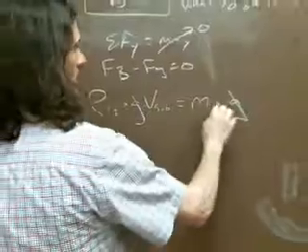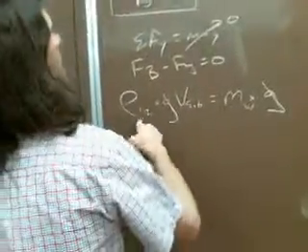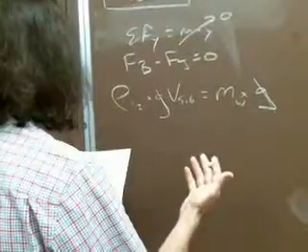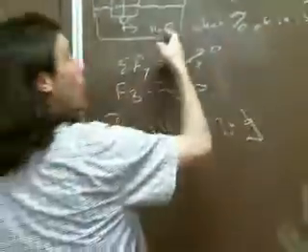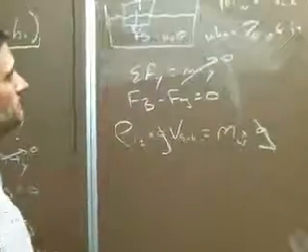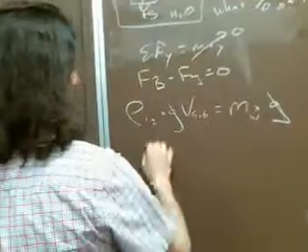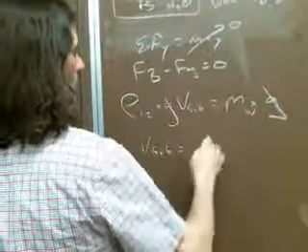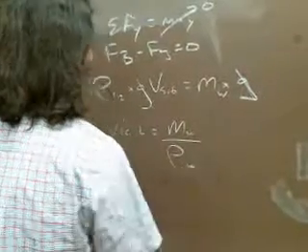The mass of the wood was given up here. The density of the liquid, if I said it was water, did I? Oh yeah, H2O. So you know the density of it, right? So the density of liquid, and then we're getting the volume submerged. The V sub is nothing more than the mass of the whole thing divided by the density of the liquid.